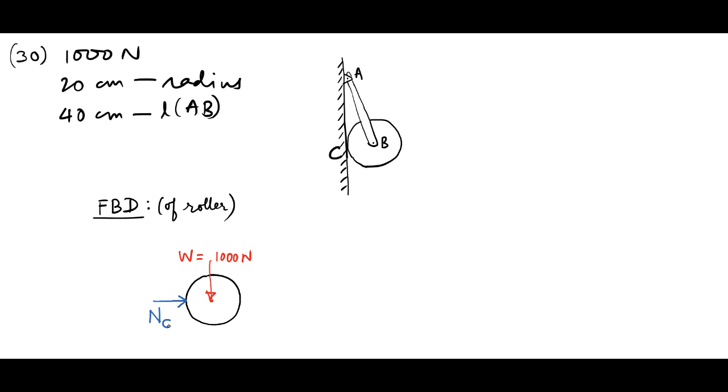And finally, we have to find the force exerted by the pin at point B on the roller. Now this rod is given to be massless. So you are aware that if you have a massless rod and there are forces acting only at its ends, then the forces must be collinear with the rod, assuming the rod is in equilibrium.